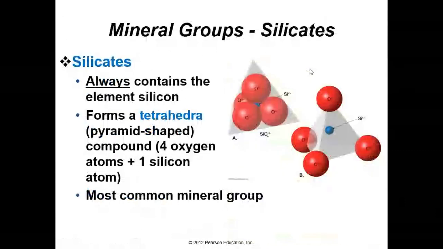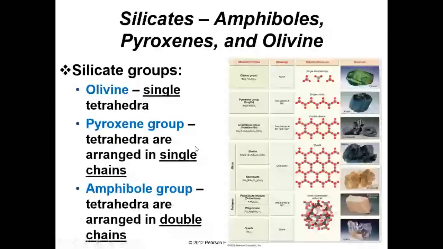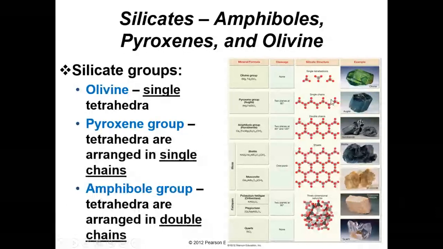That's the mineral olivine. It makes up a good amount of the ocean floor. Then we have single chains, also referred to as the pyroxene group, where individual tetrahedra are all joined together to form one single long chain.